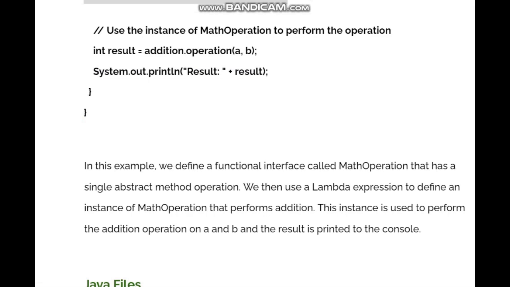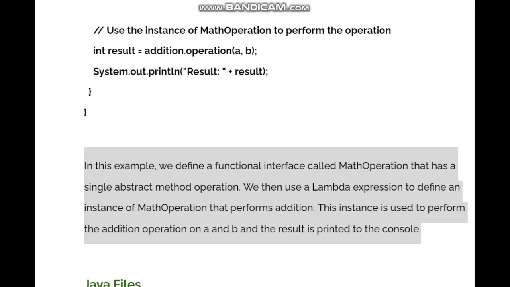// use the instance of MathOperation to perform the operation. int result = addition.operation(a, b); System.out.println("result: " + result); In this example, we define a functional interface called MathOperation that has a single abstract method operation.